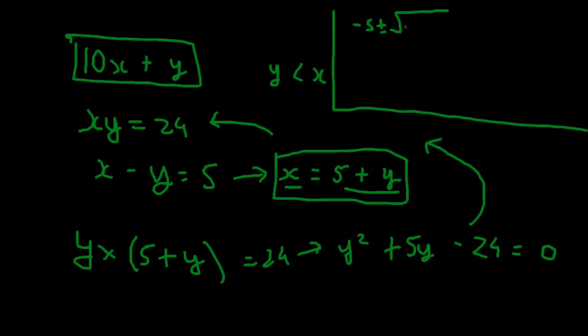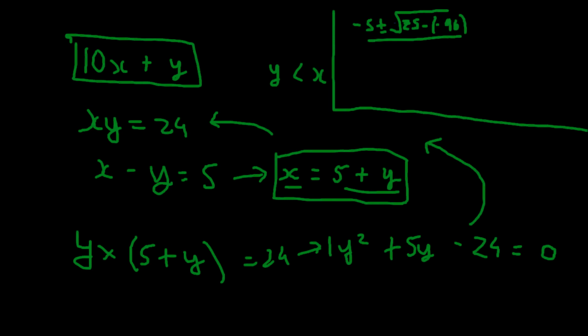Sorry, that's a 2, it doesn't look like one. 25 minus 4 into a, which is 1, into c, which is minus 24. So 4 into minus 24, and you get minus 96. And the whole thing is upon 2a. A is 1, so you get 2 there.